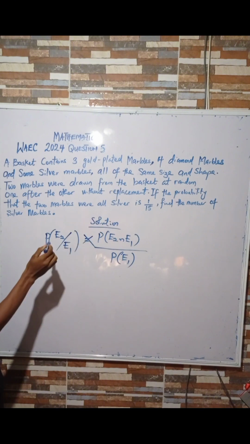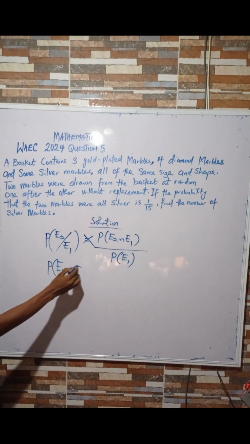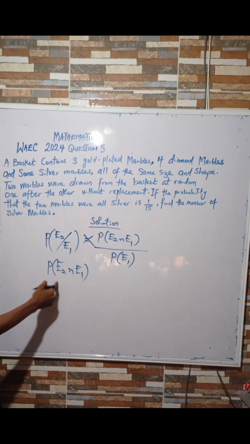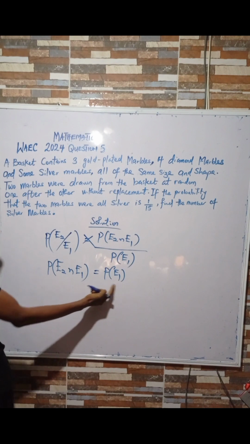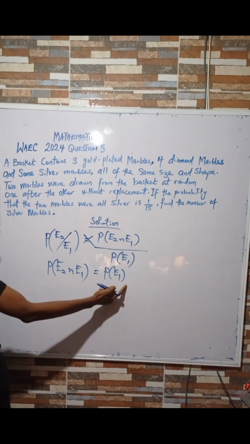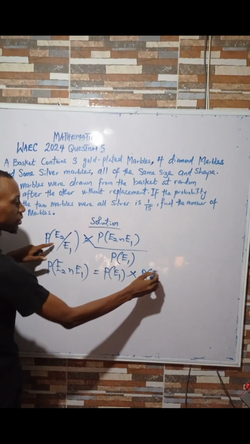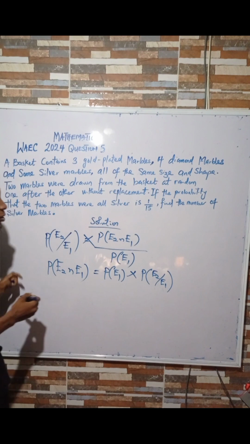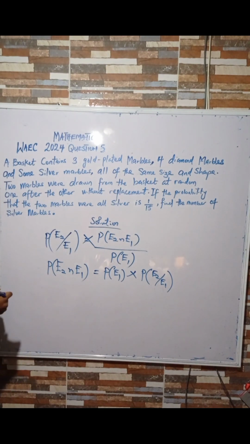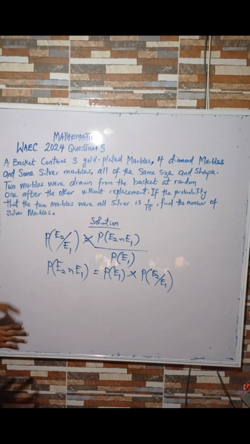If I cross multiply this, the probability of E2 and E1 happening is equal to the probability of event E1, which has already happened, times the probability of the second event happening given that the first event has already taken place. So let's look at how to resolve this as regards the way this question is being asked.